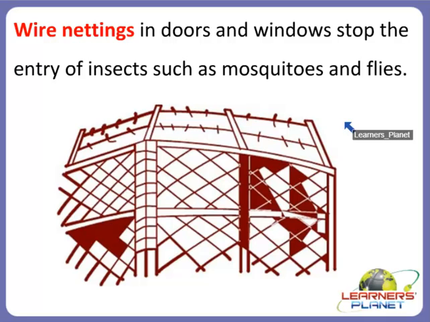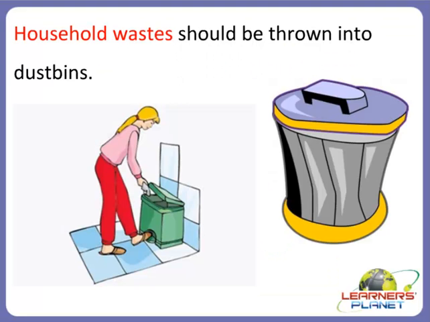So there should be wire nettings in doors and windows. Children, household waste should be thrown into dustbins, and dustbins should be kept covered. Why should the dustbins be kept covered?